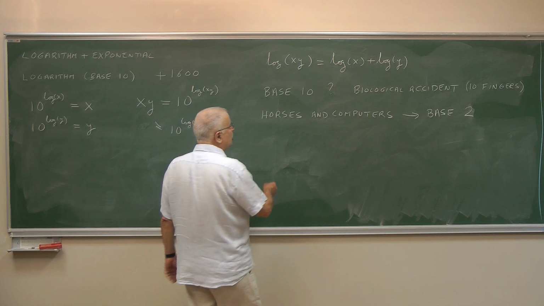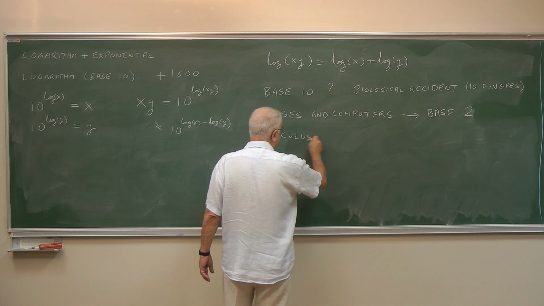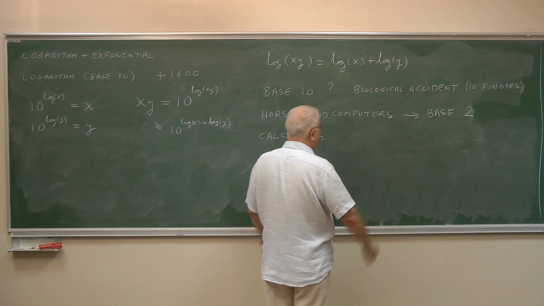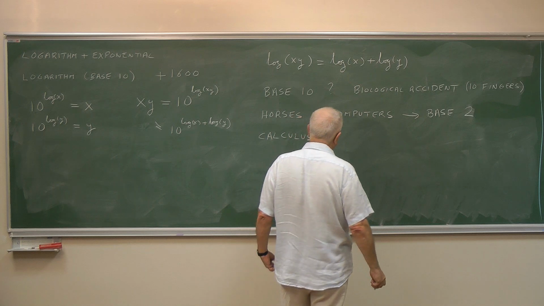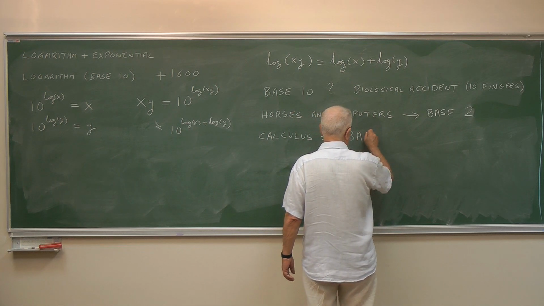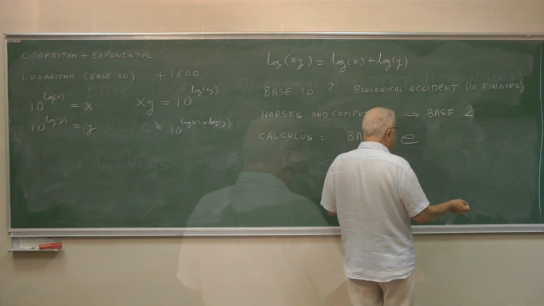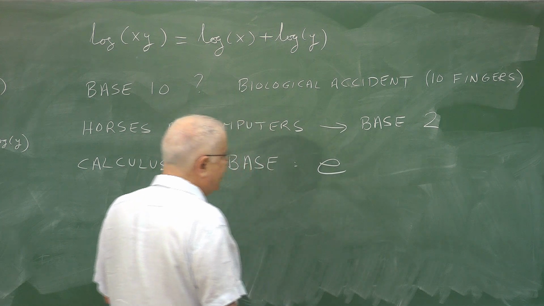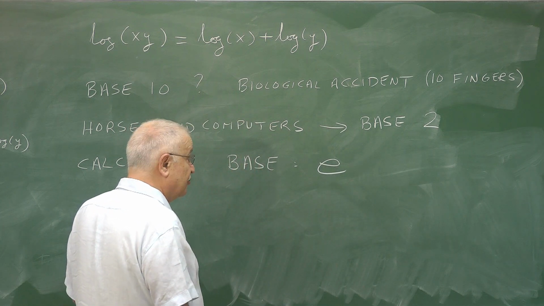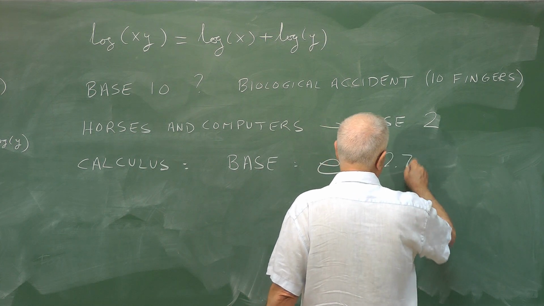How about calculus? For reasons which became obvious to Euler, base is E. What's E? E is an irrational, in fact transcendental number, which is approximately 2.7.